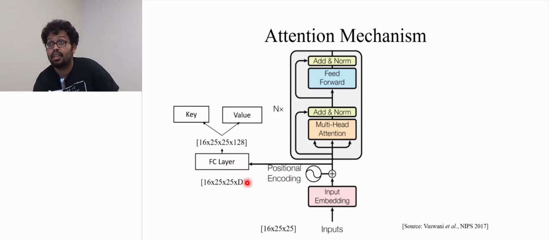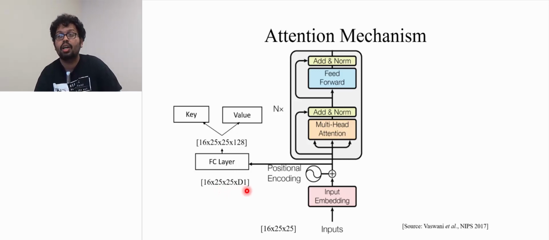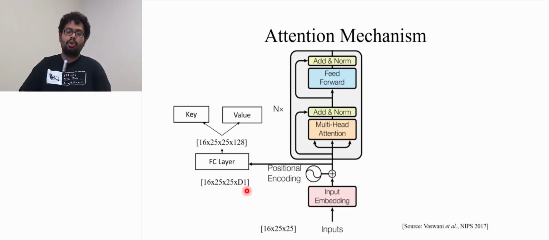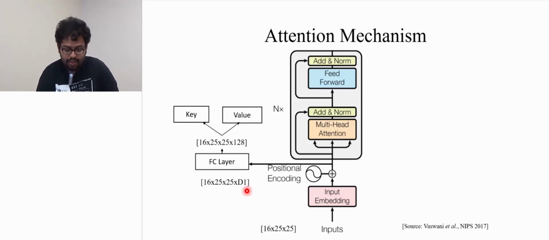So initially, let us assume that we have a dimension of 16 cross 25 cross 25 cross D1, where D1 is the number of channels on this contextual feature. D1 here in the original paper is 8, where they have stacked up these contextual features 8 times, which is a hyperparameter and can be changed accordingly.